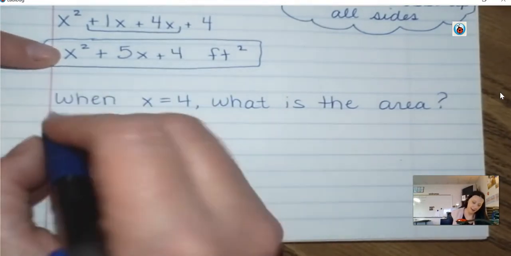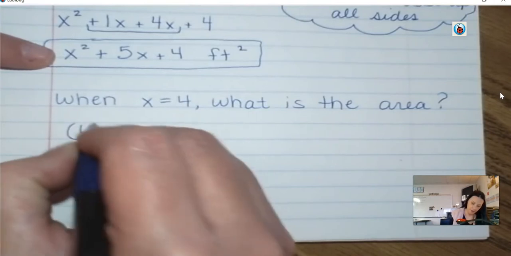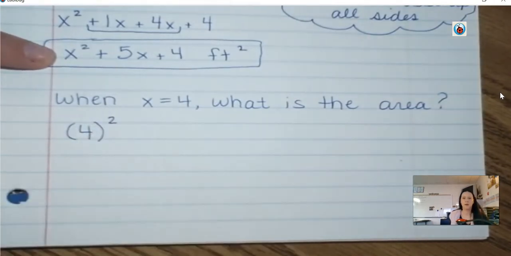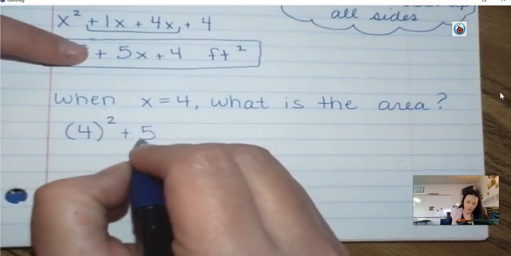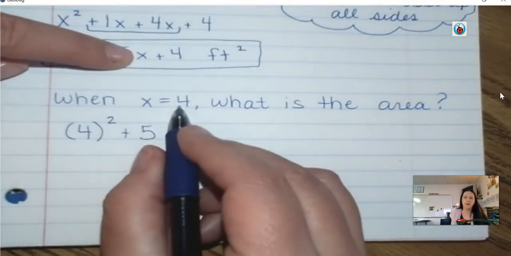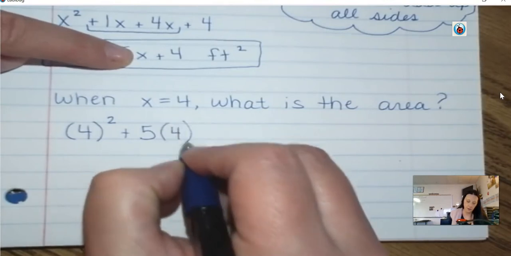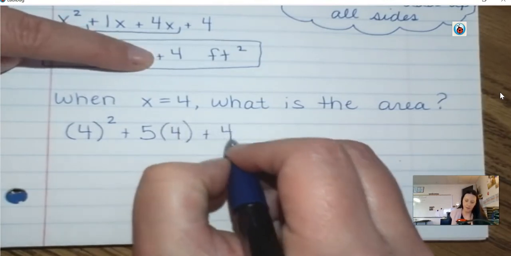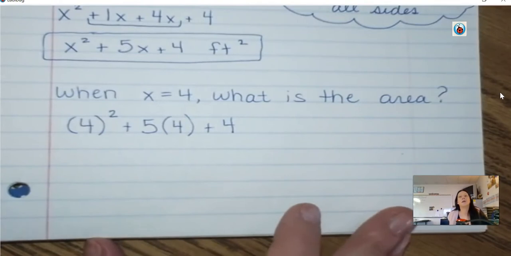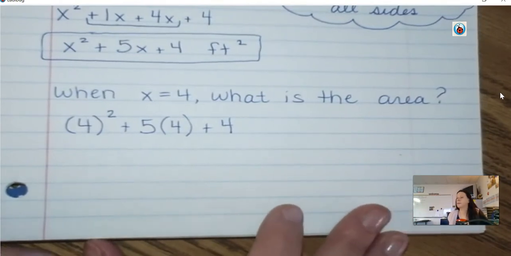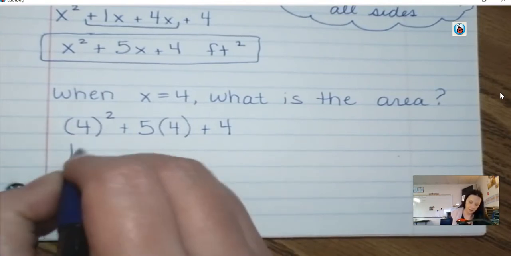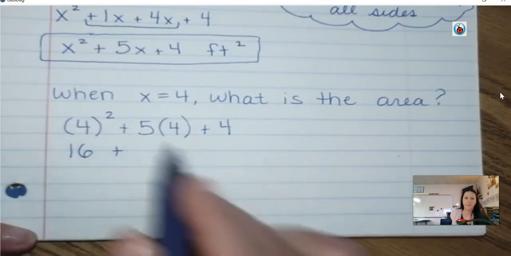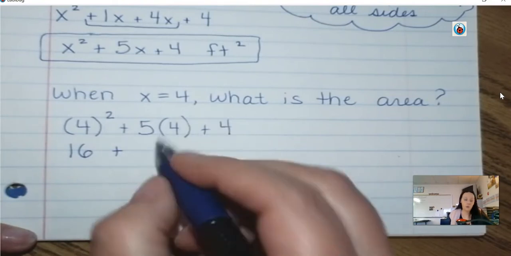So instead of x squared, it's going to be 4 squared plus 5. Instead of an x, we're going to substitute in a 4, and then plus 4. And now just do the math. 4 squared, 4 times 4 is 16. 5 times 4 is 20.